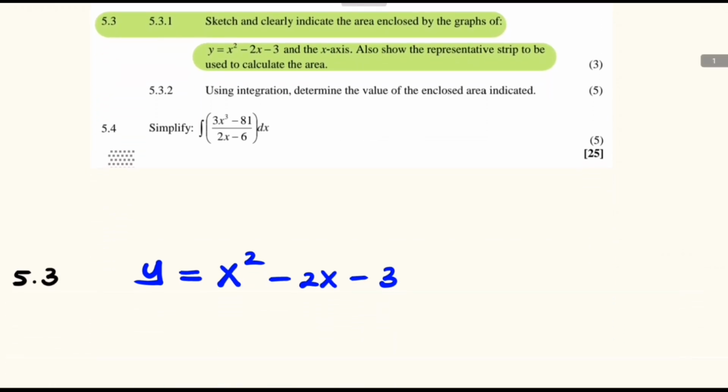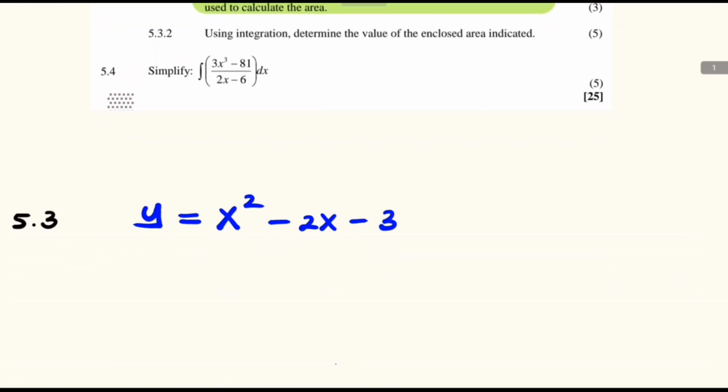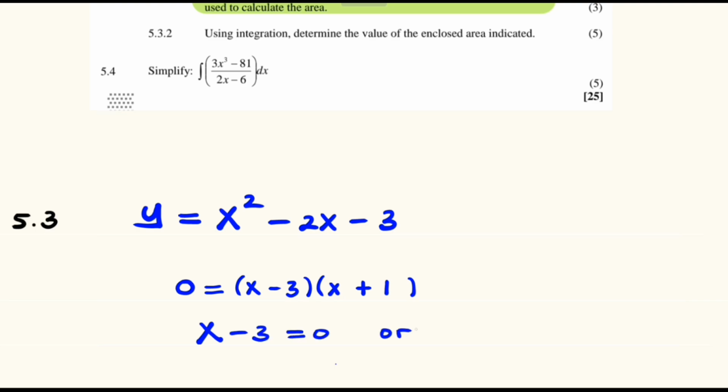We sketch our parabola and the x-intercept occurs when the y is 0. So we have 0 is equals to, we factorize, the factors of the x squared is x, and the factors of 3 will be 3 and 1 with negative and positive, and our x minus 3 will be equals to 0, or x plus 1 will be equals to 0.